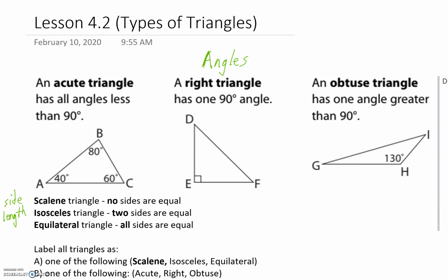Okay, so if you look at our triangles above, it looks to me like none of these sides are equal, so this is scalene. Looks to me like maybe these two are equal.